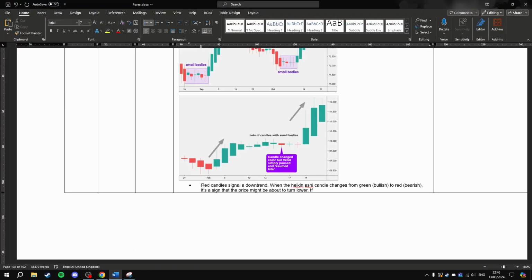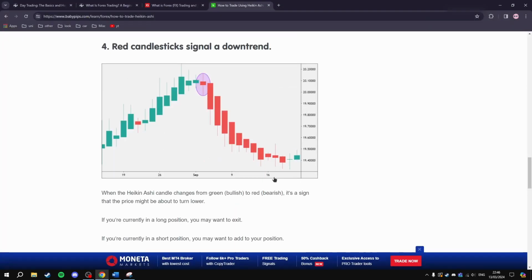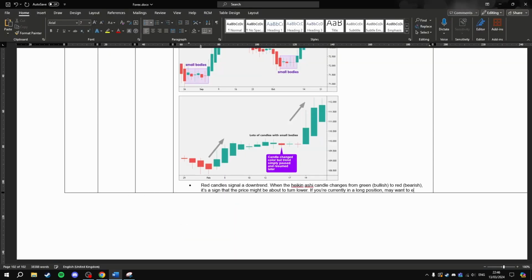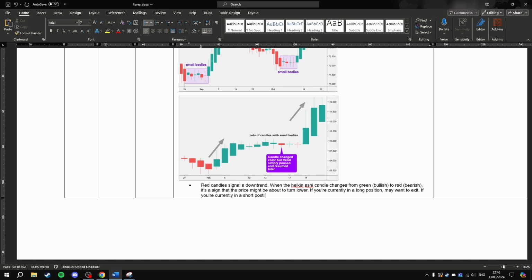If you're currently in a long position, you may want to exit. If you're currently in a short position, you may want to add.